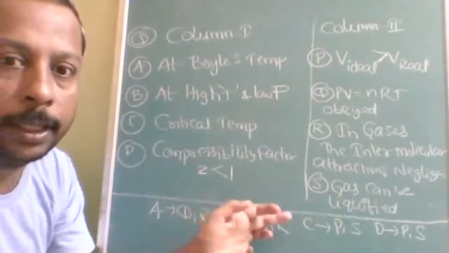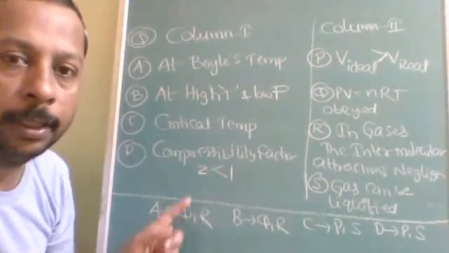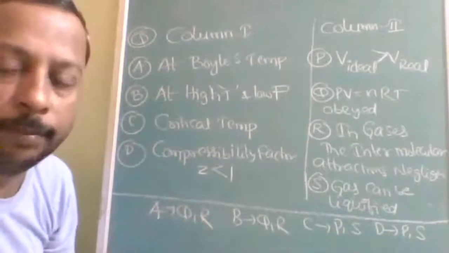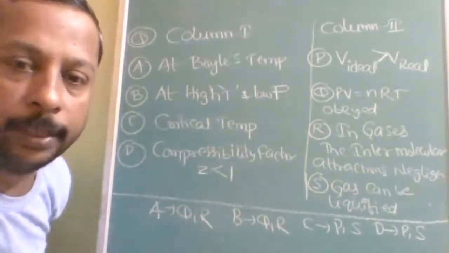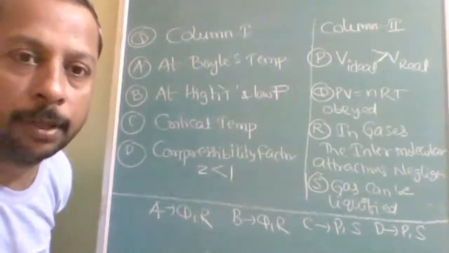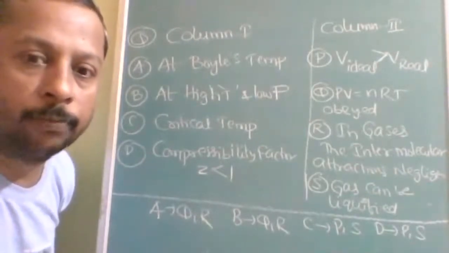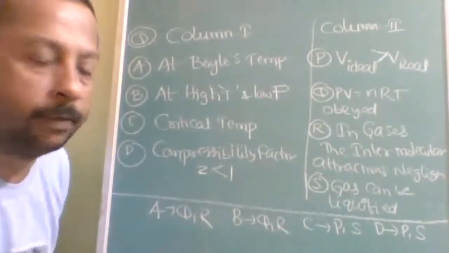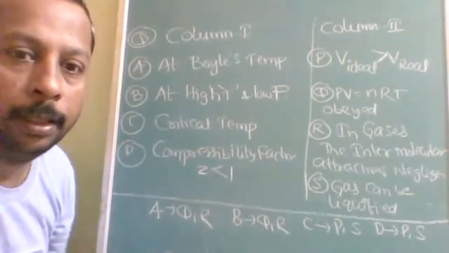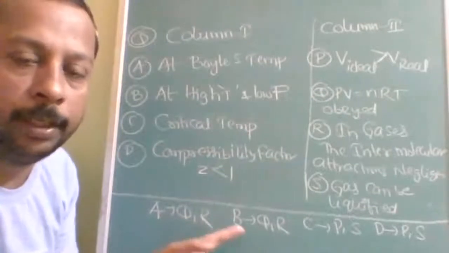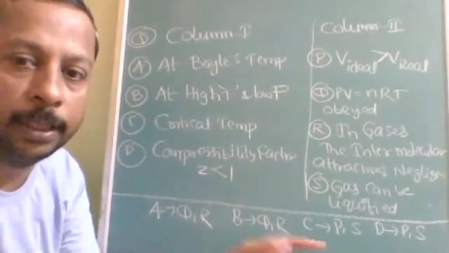And gas can be liquefied because compressibility factor less than 1 means more compressible. That is, attraction force dominates repulsion forces. So because of that, we can say D answer is P comma S. Is that clear? Why A is QR, why B is QR, and C is PS, D is PS.